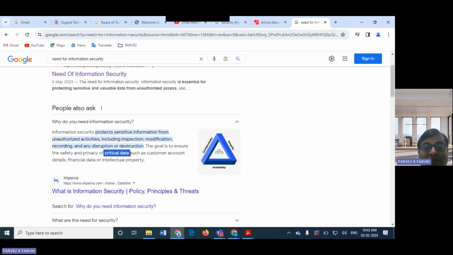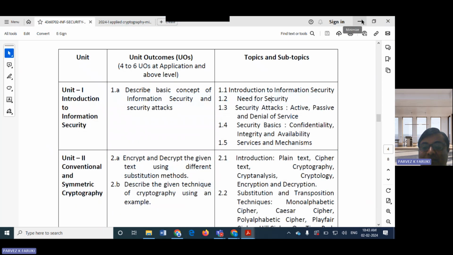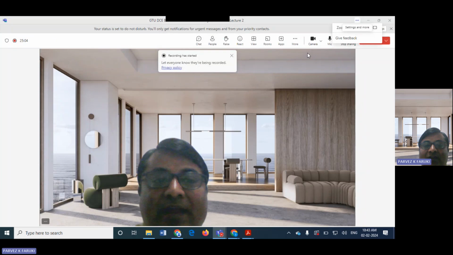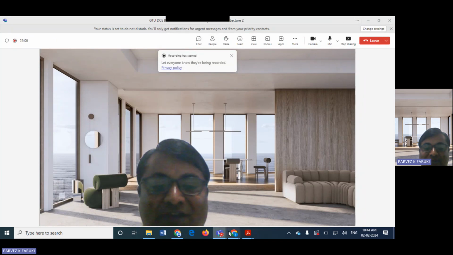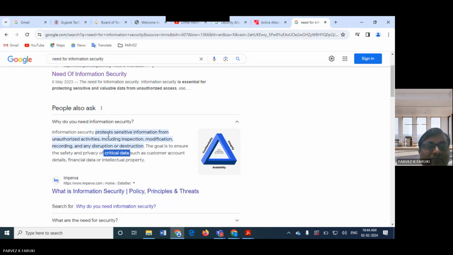So such customer information is very important in some sense, and needs to be protected. We have to remember this. Never forget to remember this particular word.